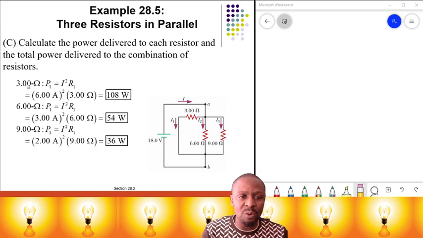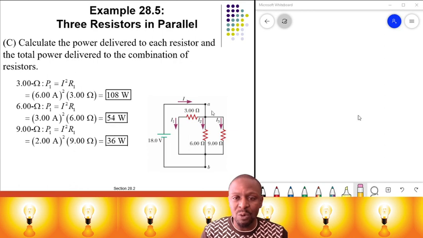For 3 ohms, this is what you are going to have. For 6 ohms, this is what you are going to have, because the current that is passing through 3 ohms is 3.0 from the previous example, and for 9 ohms, the current that is passing through 9 ohms is 2.00 amps. Therefore you multiply that, and then the total power delivered to the whole resistor combination must just be the algebraic sum of all the individual powers.